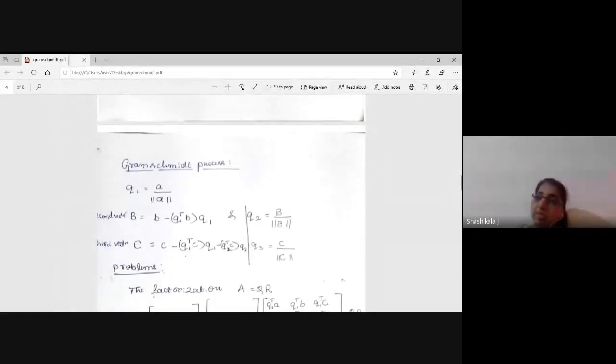Processing X separately means you are processing only a one-dimensional vector, so it will be easy for the computation. That is the advantage of the Gram-Schmidt process.